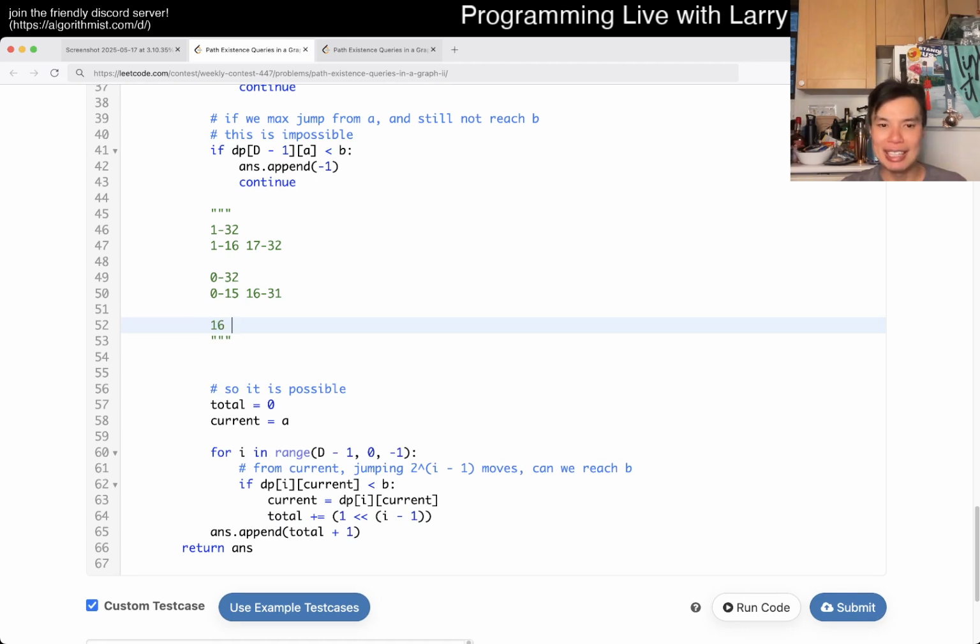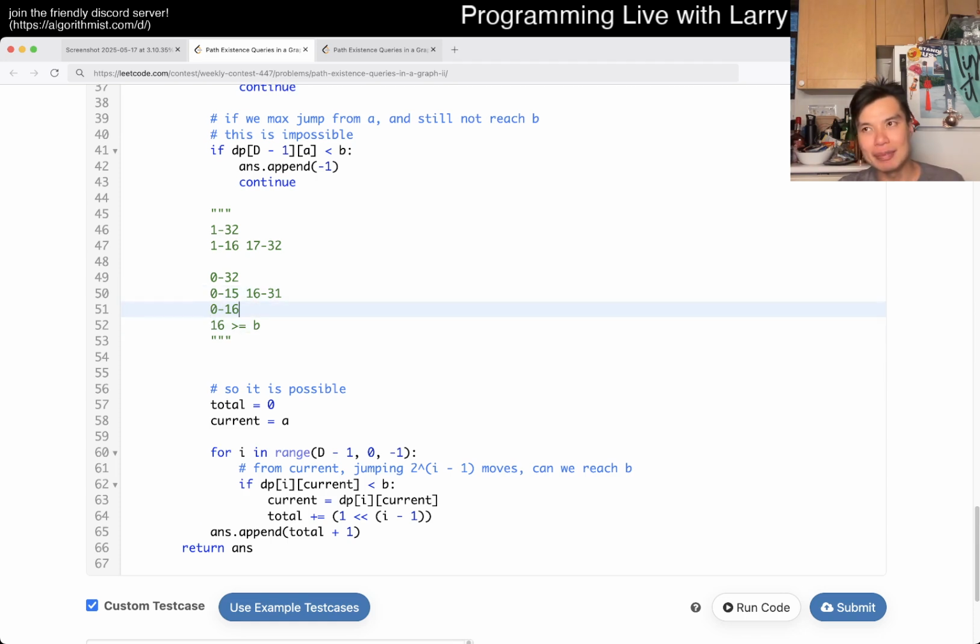If 16 is greater than or equal to B, well, that just means that 0 to 16 is correct, but it just means that if you're given 16 jumps, it means that 0 to 16 is in the range of what you want, but 0 to 16 straddles both these ranges, right? So this doesn't give you the answer.